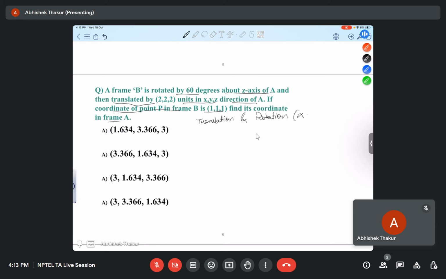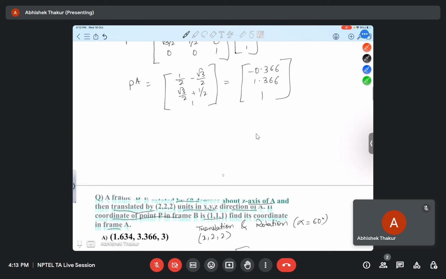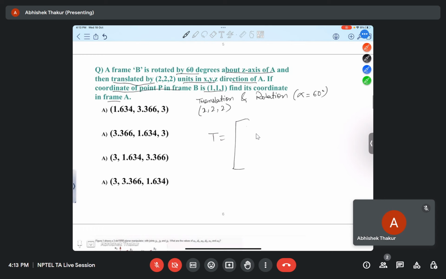Rotation is alpha equal to 60 degrees, same as the previous question, and translation is 2, 2, 2.